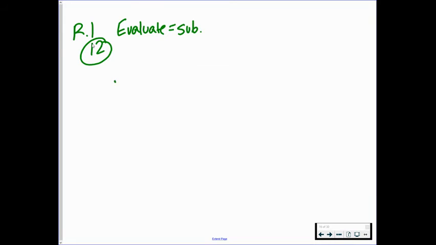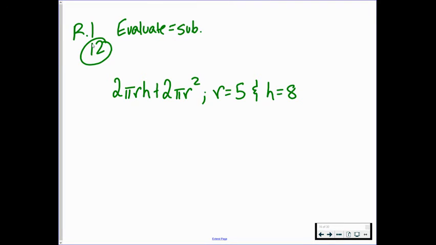So number 12, here's 2 pi RH plus 2 pi R squared. And we know that R is 5 and H is 8. Because we're evaluating, I'm just going to take the R and the H and substitute them in for R and H in the expression.